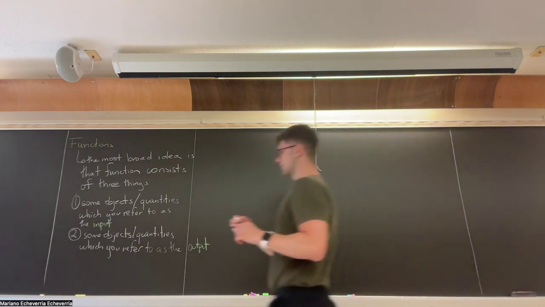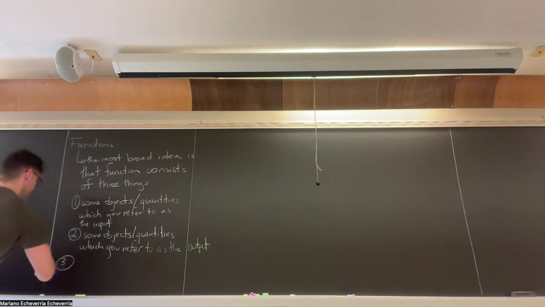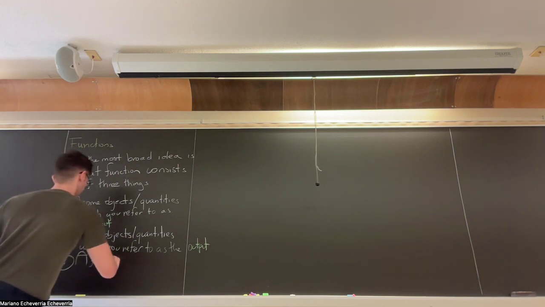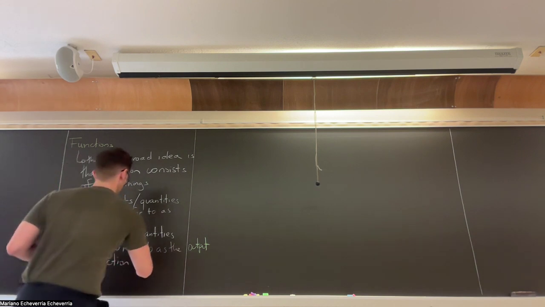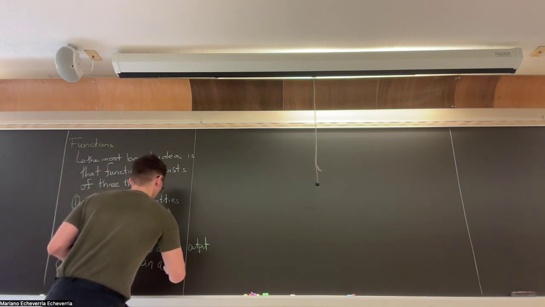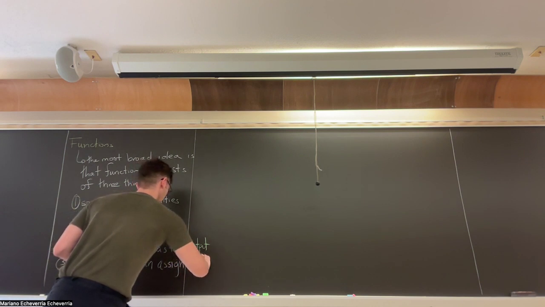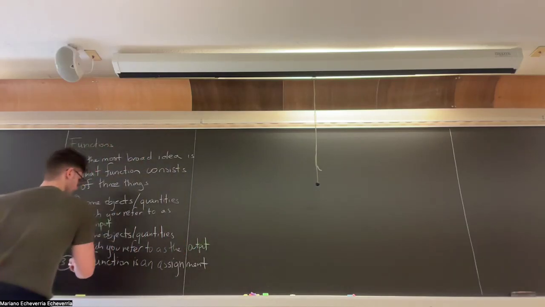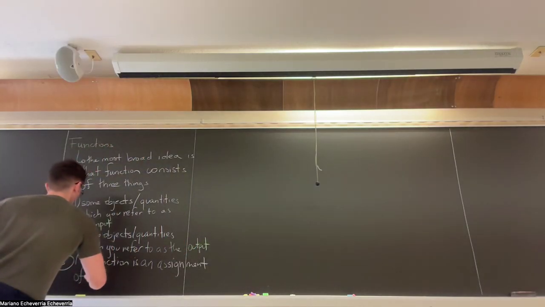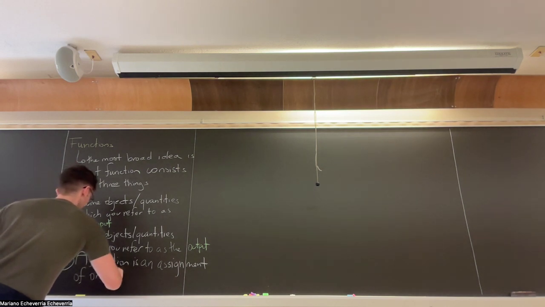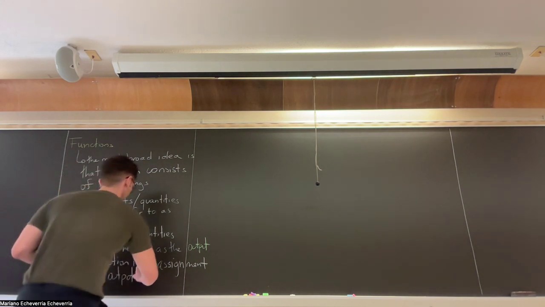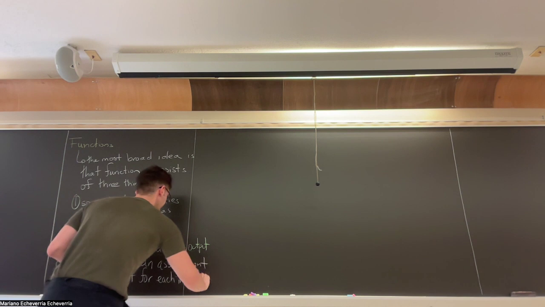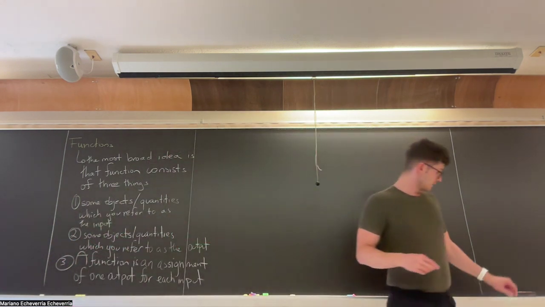So a function is an assignment of a single output to each input, or one output for each input. It looks a little bit abstract, but I'll give you some examples right now.